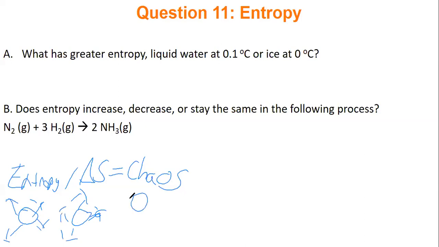Actually, you're taking four gas molecules and making them into two, but anyways, when you decrease the amount of gas molecules in a reaction, entropy is decreasing, because the more pieces you have, the more chaotic it is. It's almost like Legos. What's more chaotic? 4 Legos spread across the room or 2 Legos? 4 Legos are more chaotic than 2 Legos.